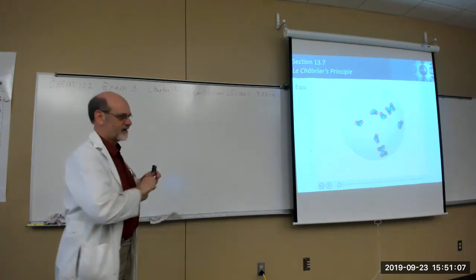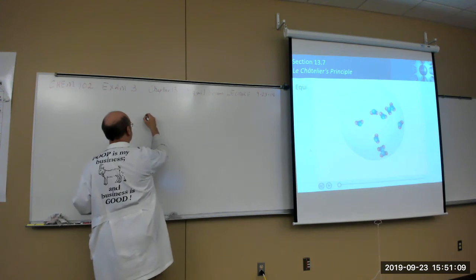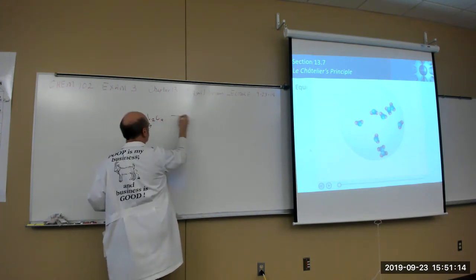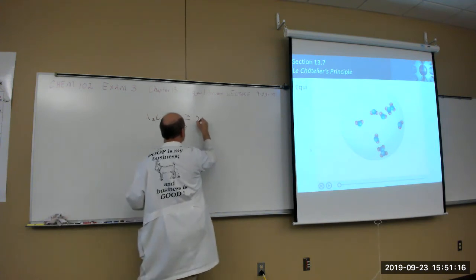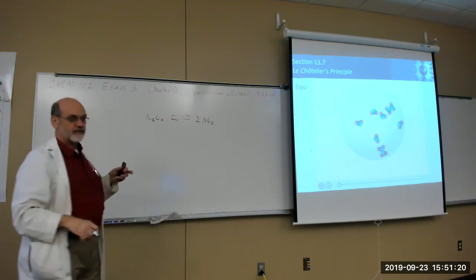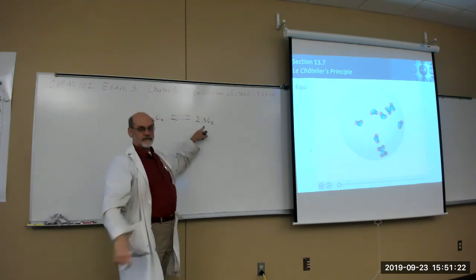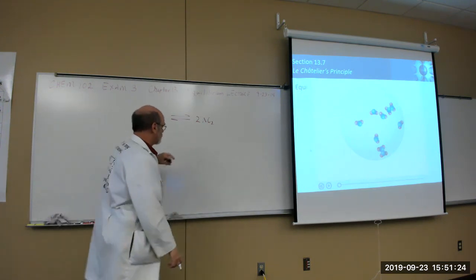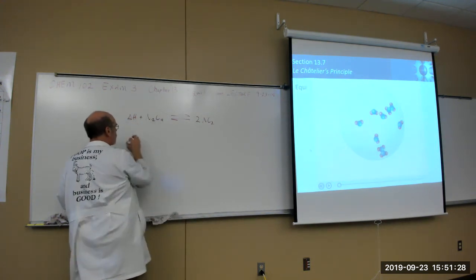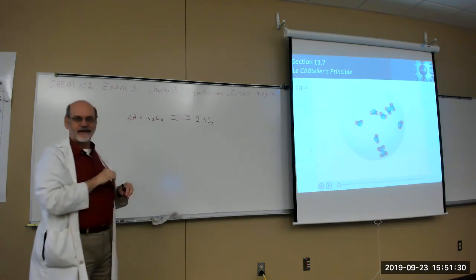Correct? Let's draw it on the board. N2O4 yields 2NO2. So they said if we increase the temperature, it moves toward this, right? Yes. Okay. So that means that when we increase the temperature, we added it on this side.